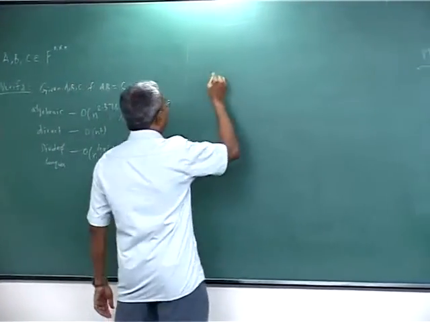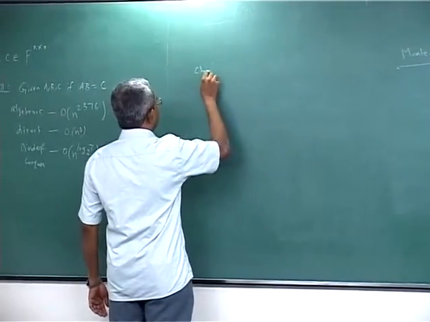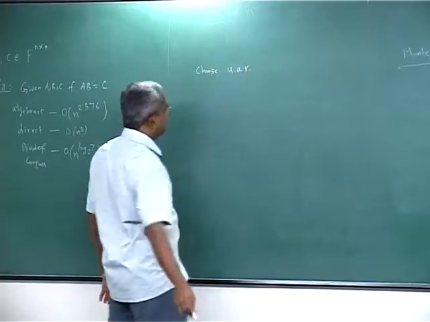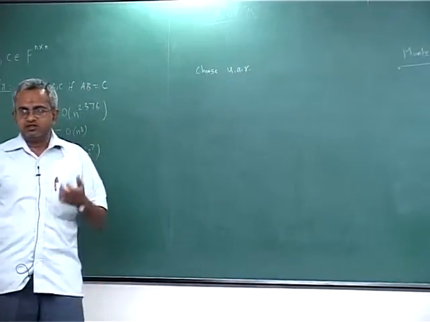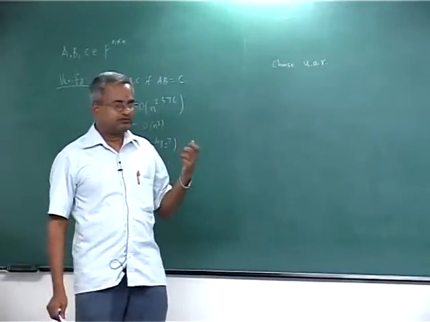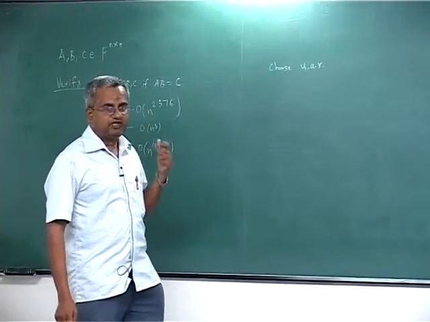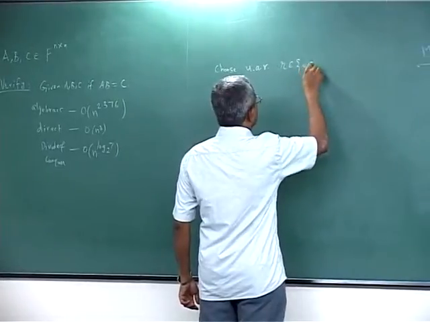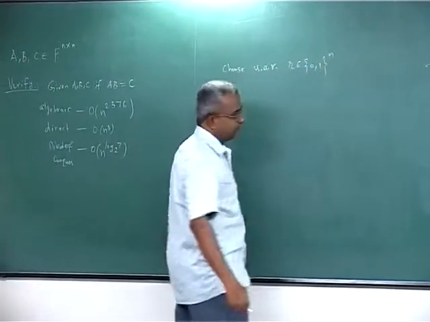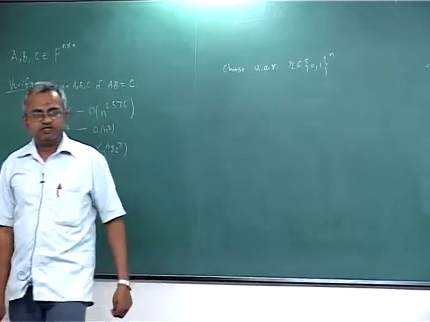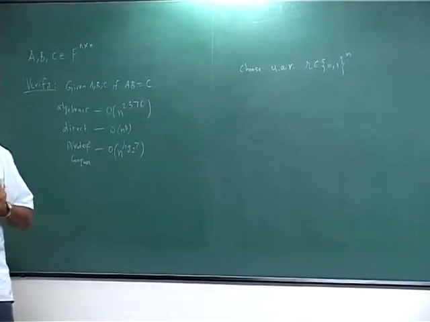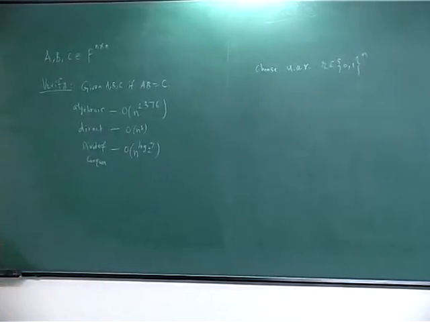Okay. Choose uniformly at random. Whenever I write UAR, it is a short form for uniformly at random, a vector R in {0,1}^n, okay, where 0 is the additive identity of the field F and 1 is the multiplicative identity. Okay.